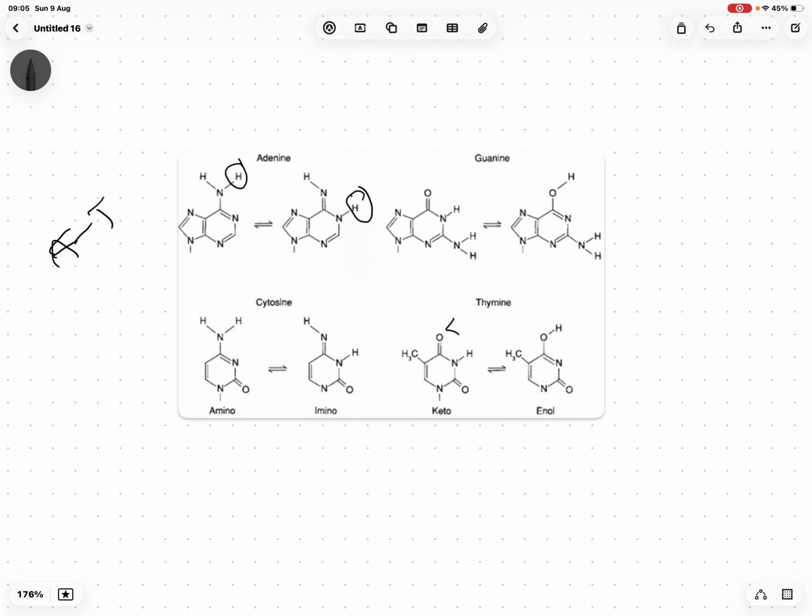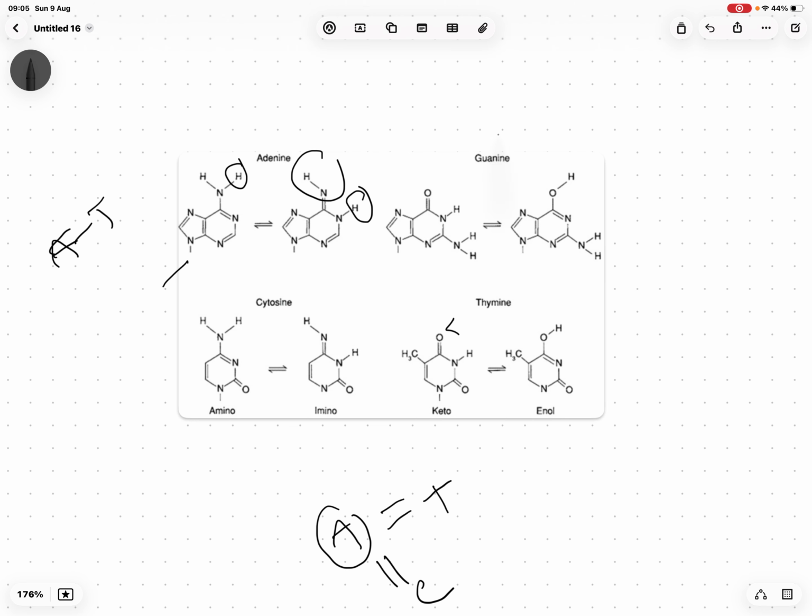Because of this change of the proton location on the molecule, the amino group becomes an imino group, so the amino form is converted into the imino form. During this process, adenine, which usually pairs with thymine, now pairs with cytosine.